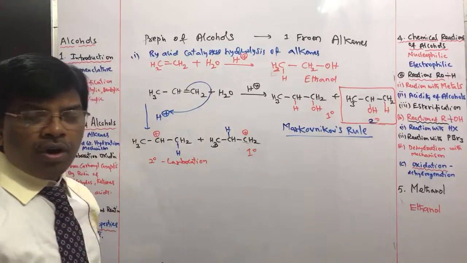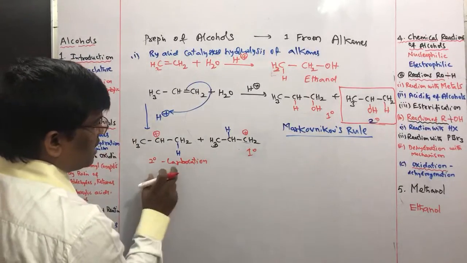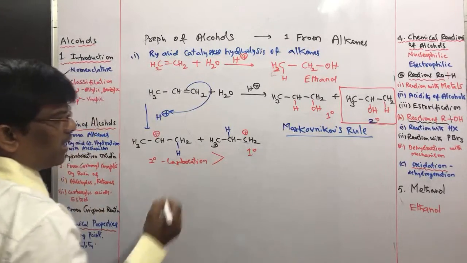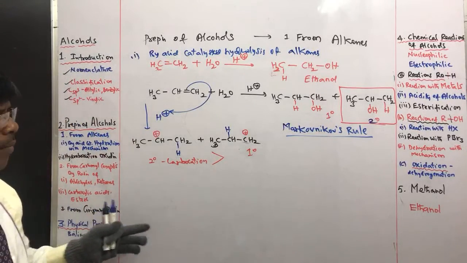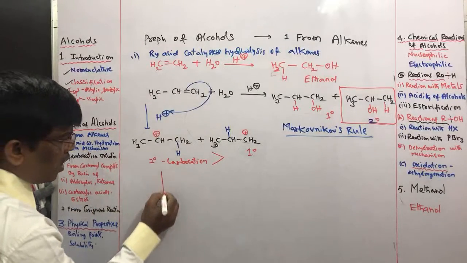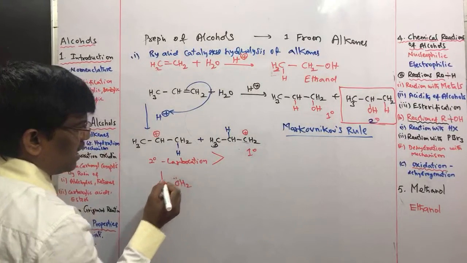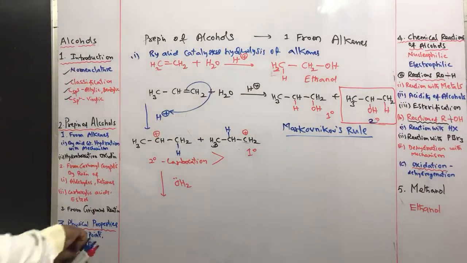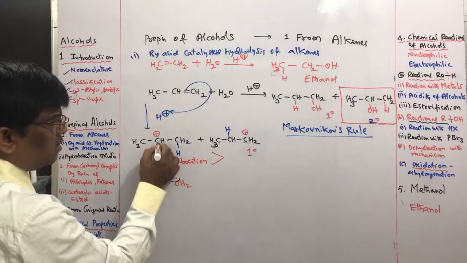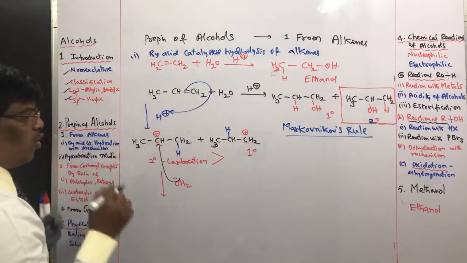We know when you compare the stability of carbocations, the secondary carbocation is more stable compared to the primary carbocation. So now what is going to happen? The H2O molecule in the reaction mixture adds to this secondary carbocation, which is the more stable carbocation.